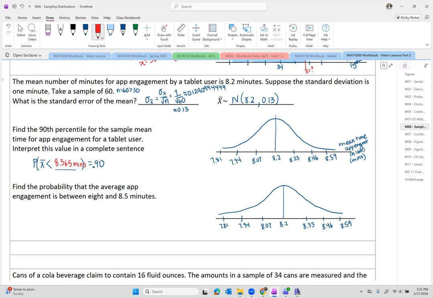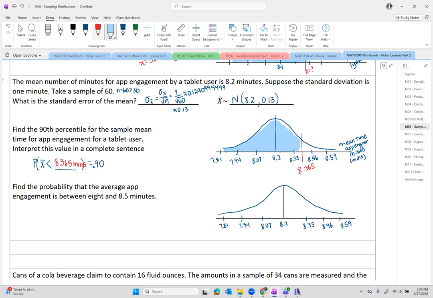Find the probability that the average app engagement is between 8 and 8.5 minutes. Don't forget to sketch here, I forgot it. So this was my 8.365. We will be asking you to shade the area of the curve that corresponds to the probability that you were investigating, and the percentiles have probability below them equal to the percent probability.